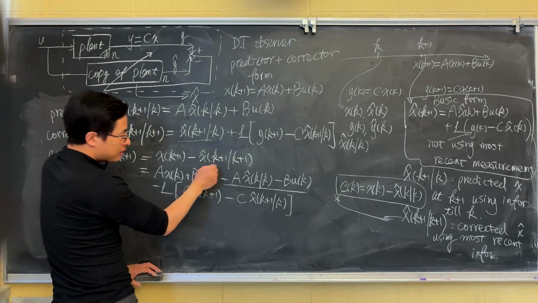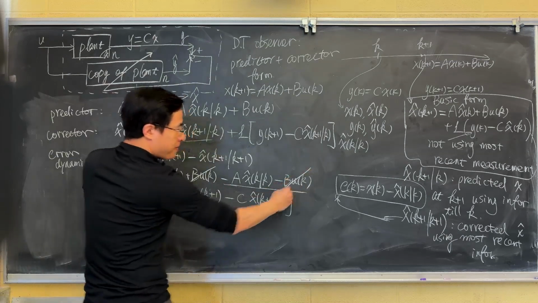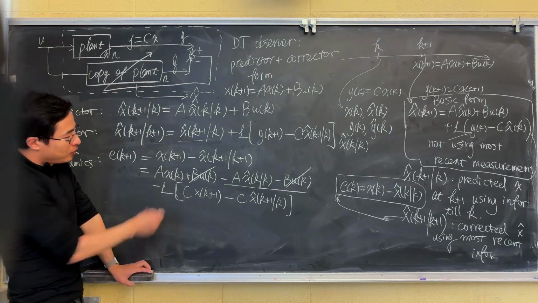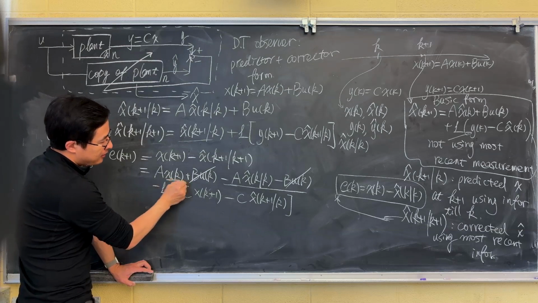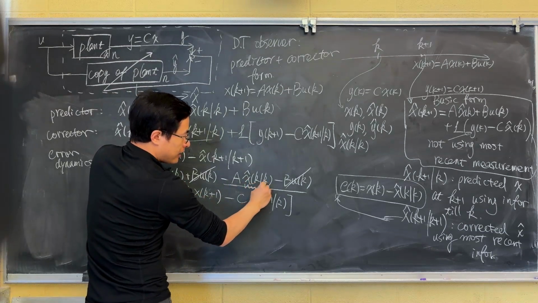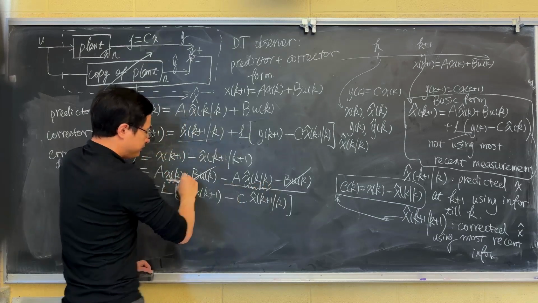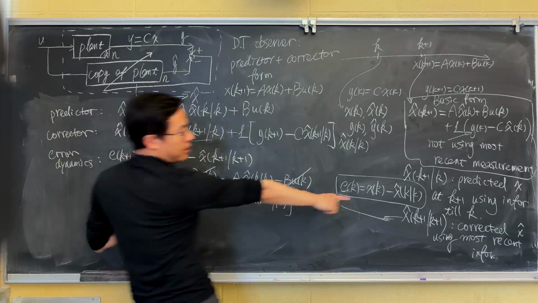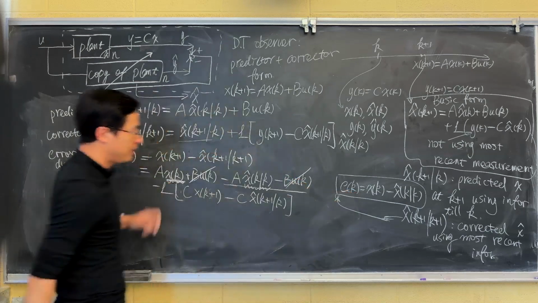Something cancels. This one cancels with this one. And then we have x k minus x hat k|k, which is the error signal here.